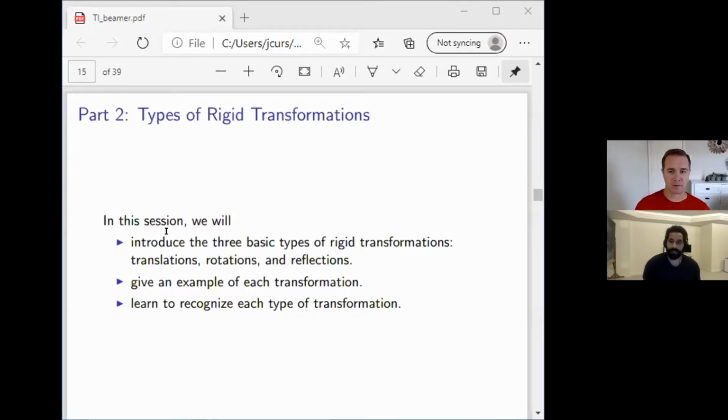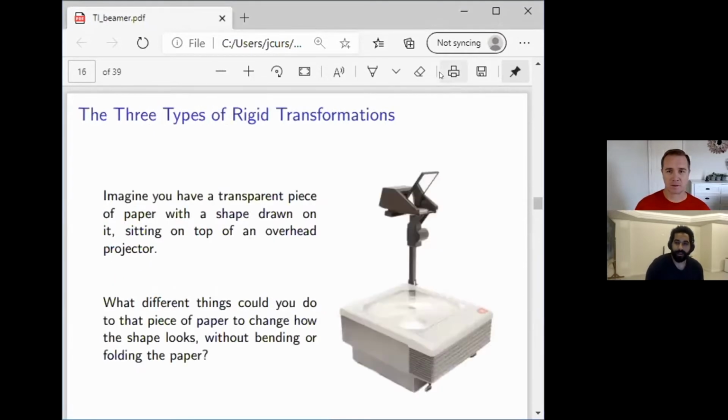And first, I want to talk about these transformations from a more intuitive perspective. I want you to think about these transformations as things you can do with a transparent piece of paper with some shape drawn on it. And imagine what the different things you could do with that piece of paper are without bending it or folding it.